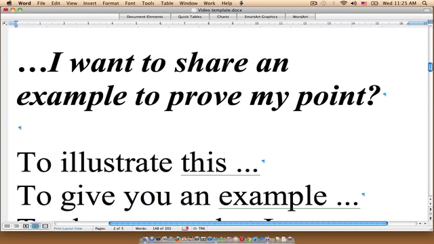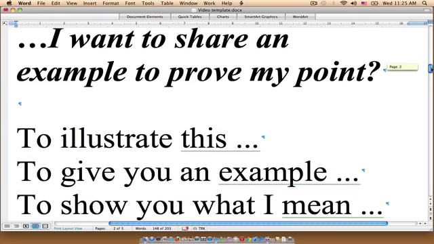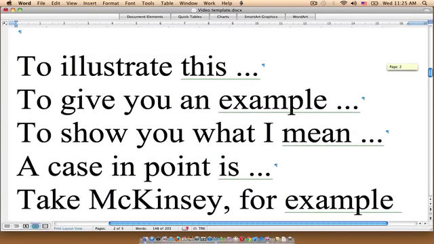Now, often when you're sharing your opinion, it's helpful to use an example, and actually often your cue card will ask you to use an example. But the problem is, how do we introduce this example in our speaking? Well, there are a number of phrases that we can use to do this. So let's go over a few of them.